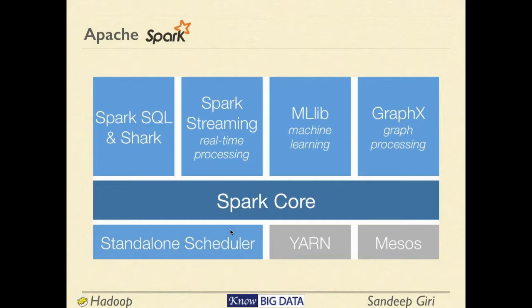We'll be exploring two components out of these. One is Spark core, where we'll dive a bit deep, and then we will quickly discuss Spark Streaming. We'll not be touching MLlib, GraphX or Spark SQL right now. Why? Because for machine learning we have covered one example from Mahout, and graph processing is a little beyond the scope.